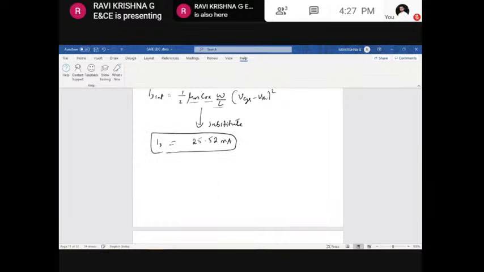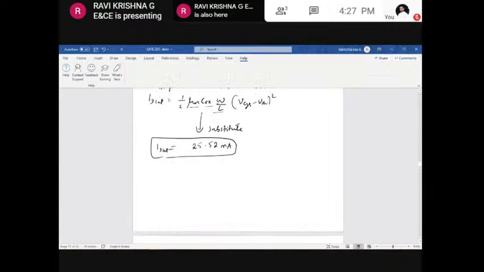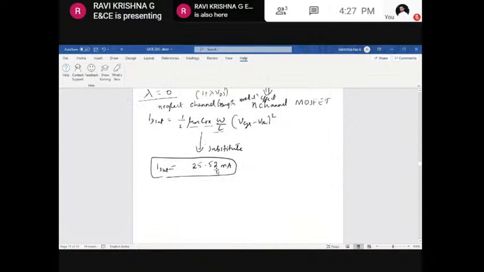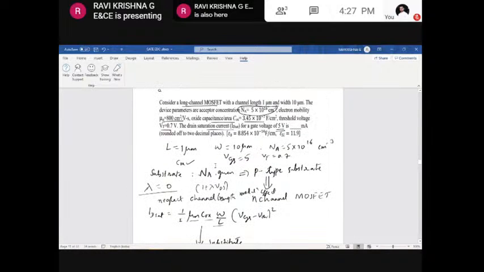25.52 milliamperes. In the question, it is given that we need to determine the drain saturation current for this particular gate voltage in milliamperes, and you should round off that value to 2 decimal places. So it is 25.52. You need to write only 25.52 because the unit is already given.